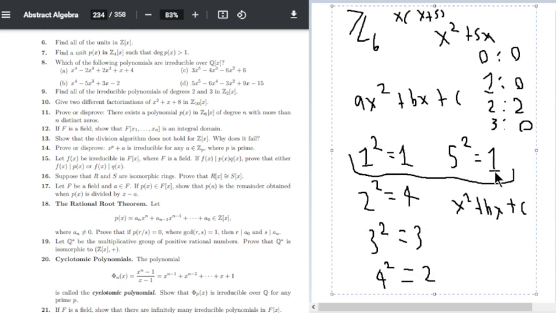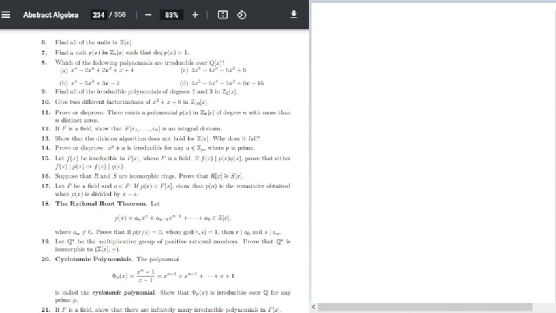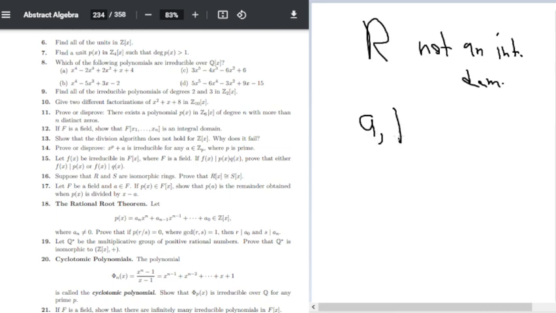Okay, so let's do something more general from this, because this specific computation has showed something. Suppose that we have a ring R, not an integral domain, which means that we can find two elements a, b in R, not equal to 0, such that ab is equal to 0.